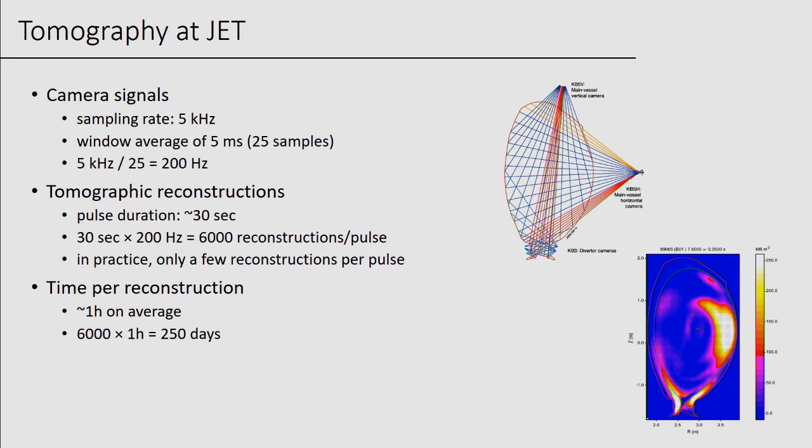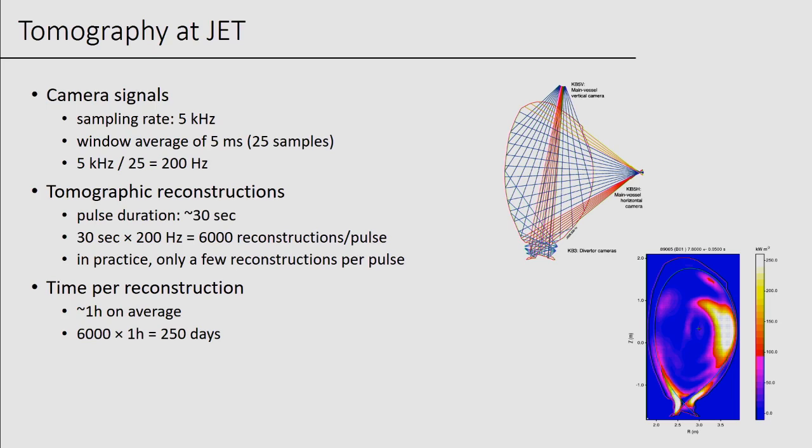Those 200 reconstructions will take us 200 hours to compute. And if we have 30 seconds, it's 200 times 30 seconds. So it's 6,000 times 1 hour, which would be 250 computational days. Of course, you can do this in parallel on several machines. You can divide this by a factor, but it's still days.